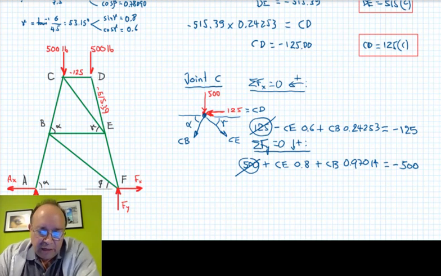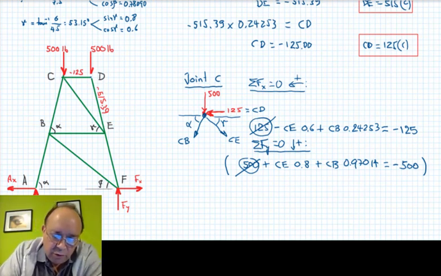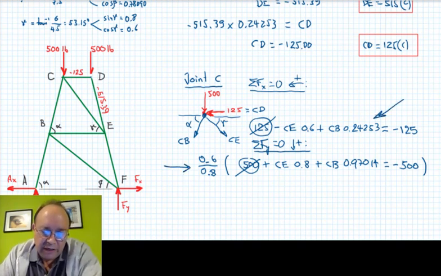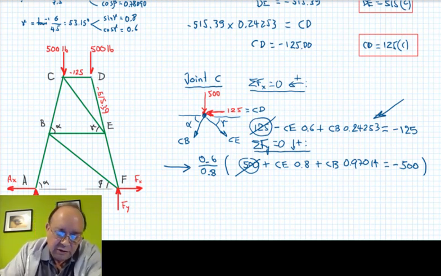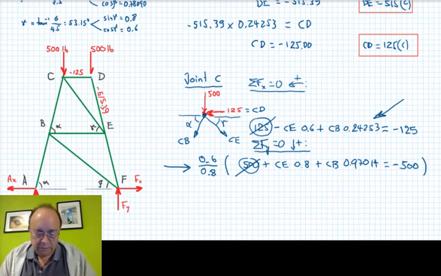So this went to the other side, right? If we multiply this equation by 0.6 divided by 0.8, and then we add this equation to this equation, we can get rid of CE, right? So let's do it. We have 0.6 over 0.8 times 0.8. Well, that's 0.6, right?